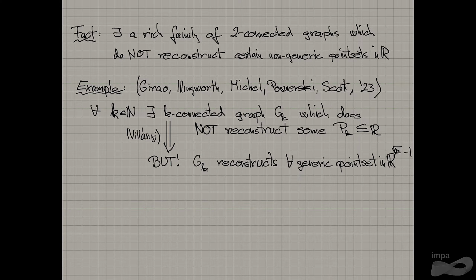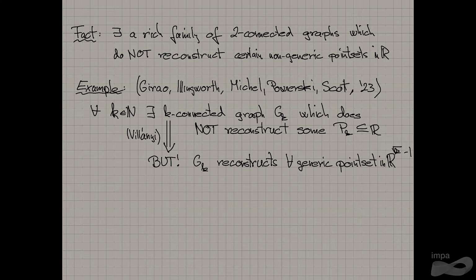So there is, in fact, a rich family of 2 connected graphs which do not reconstruct some particular non-generic point set. One series of examples was constructed by Girão, Illingworth, Michel, Powierski, and Scott, who for every connectivity K constructed a graph with that connectivity which does not reconstruct some point set. So they also constructed a point set which is not uniquely reconstructible.